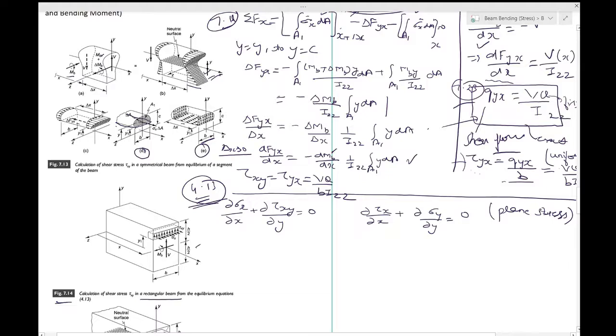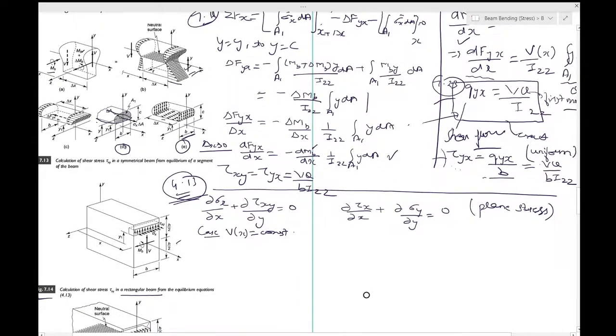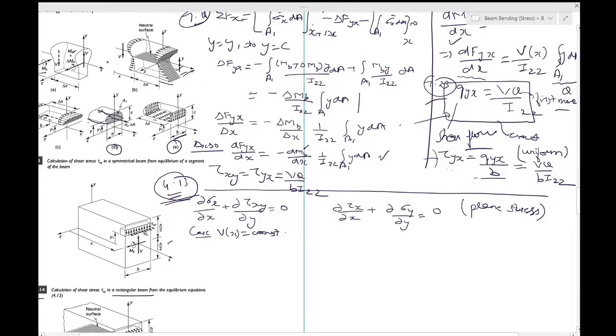Now let's deal with the case where the shear force does not vary with x. The shear stress will also be independent of x, right? The second of 4.13 is automatically satisfied in this particular case, since the normal stress sigma y has been assumed to be 0.